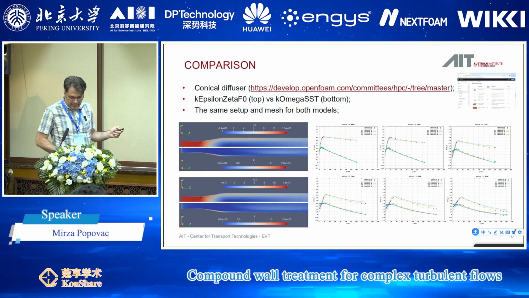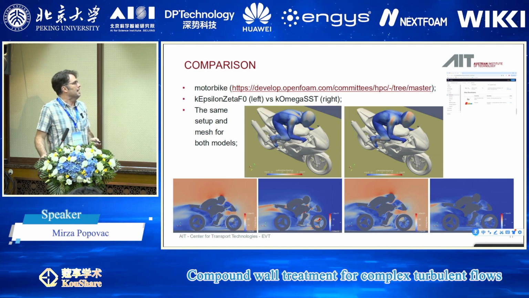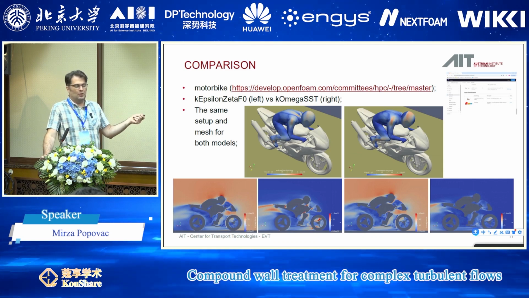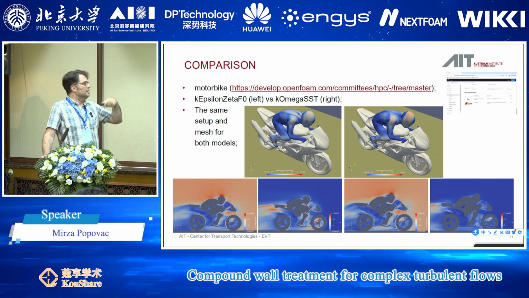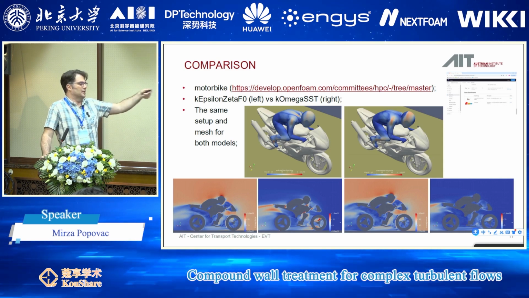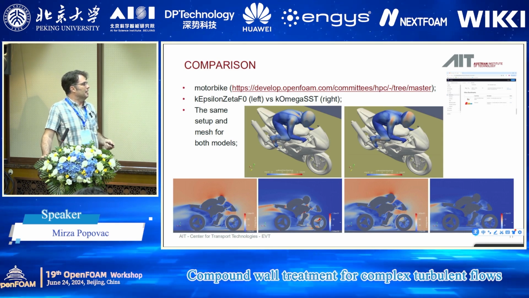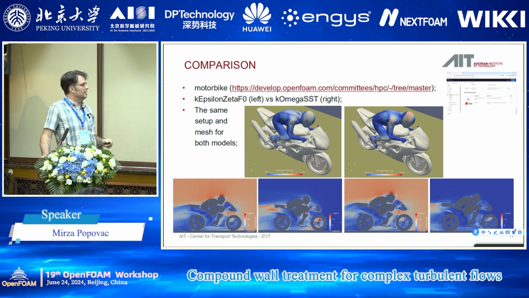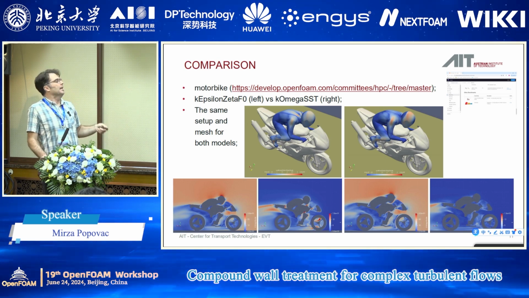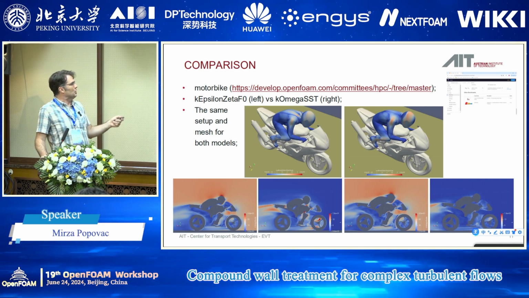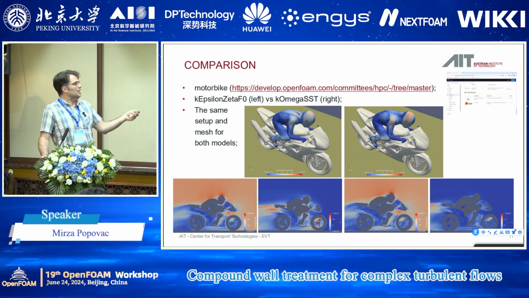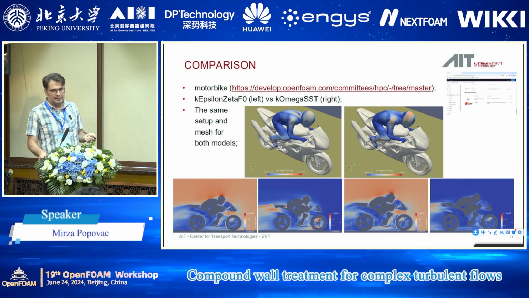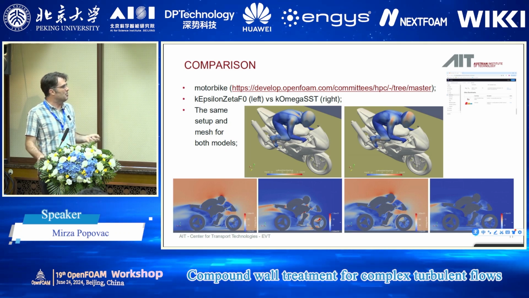What one can see, and this is my target, is that I want to calculate cases on such problems where geometry is very complex, where flow effects are various in various regions, and it should work and give good results. So if you compare k-epsilon-zeta-f and k-omega SST, you can clearly see the differences are really minor.